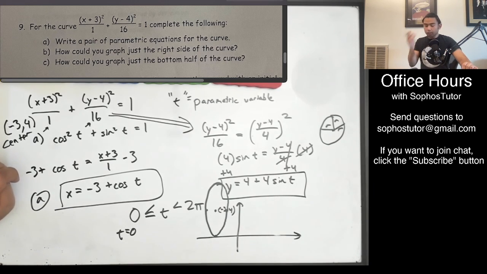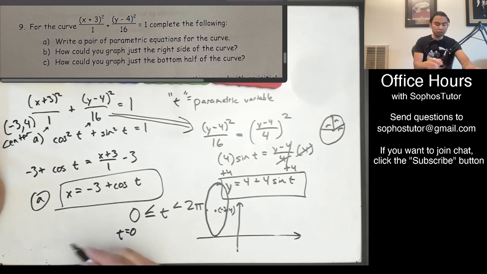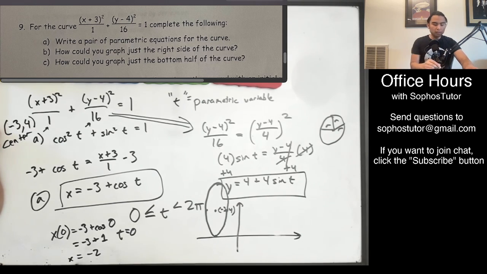So if I plug in 0 into this x function, so we're going to say this is x, and put a parentheses 0, indicating we're replacing the t with 0. We're going to get -3 plus the cosine of 0. That's going to equal -3 plus 1, and that's going to equal -2. So the x value is going to start where -2 is.